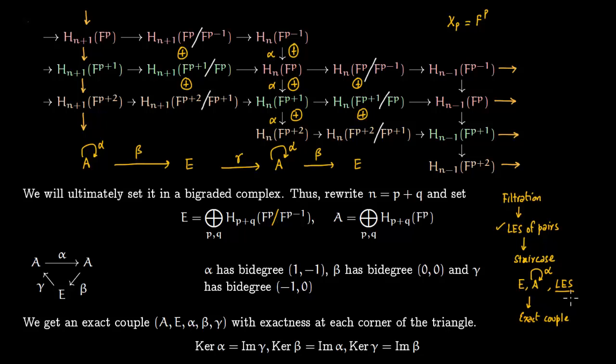We have started with the filtration, and we have ended up at an exact couple. And from this exact couple, we can easily build a spectral sequence. So our next step is to go from this exact couple to a spectral sequence. So that will lead from filtration directly to a spectral sequence.